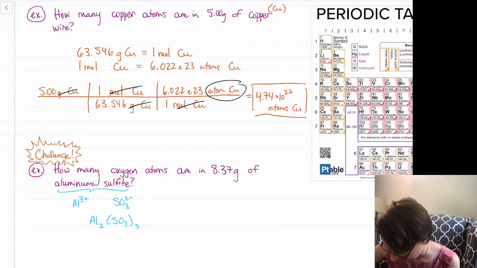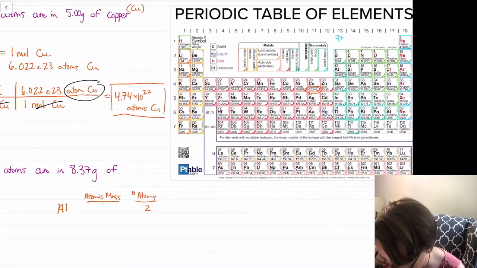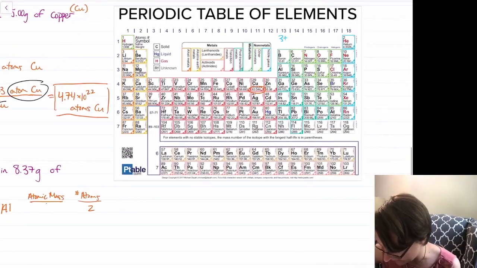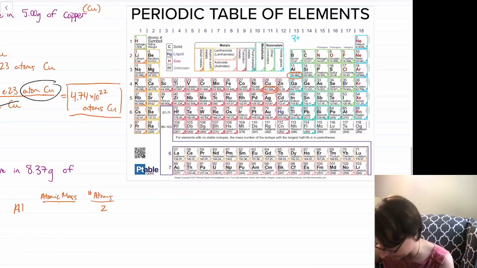In particular, there's no parentheses around the aluminum, so we know that there are 2 units of aluminum. And looking at our periodic table for aluminum, we see that aluminum's average atomic mass is 26.98. So we can go ahead and write that information down as well.